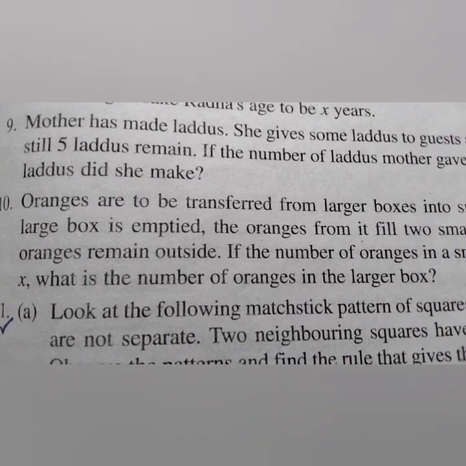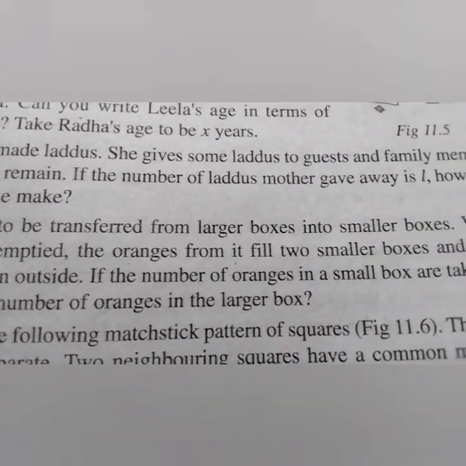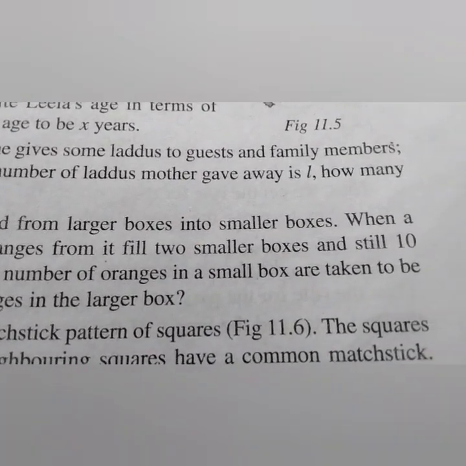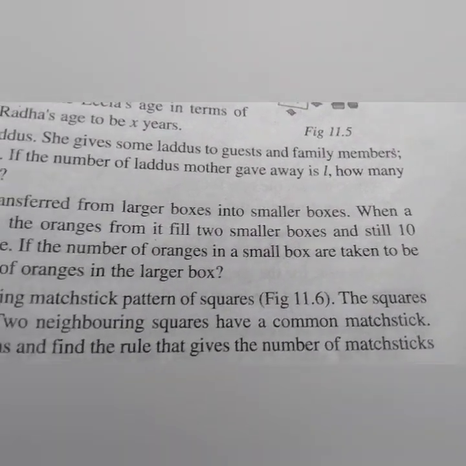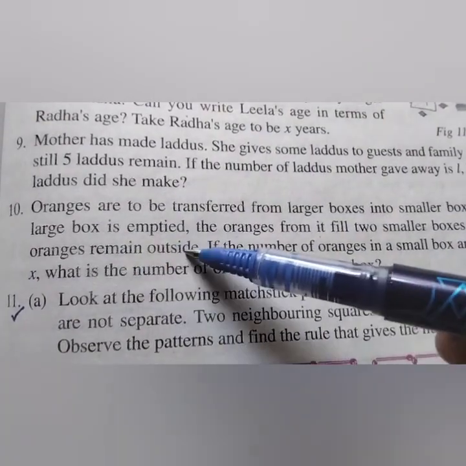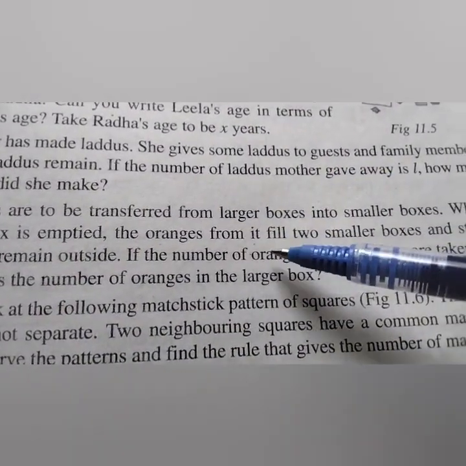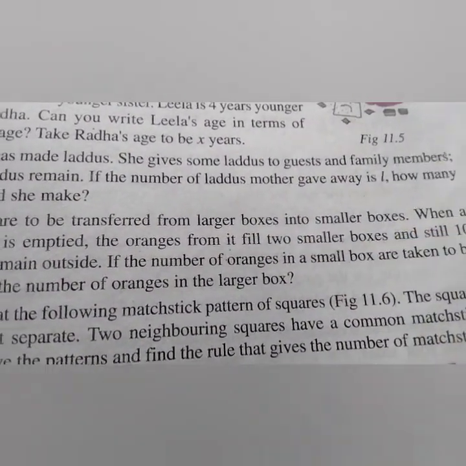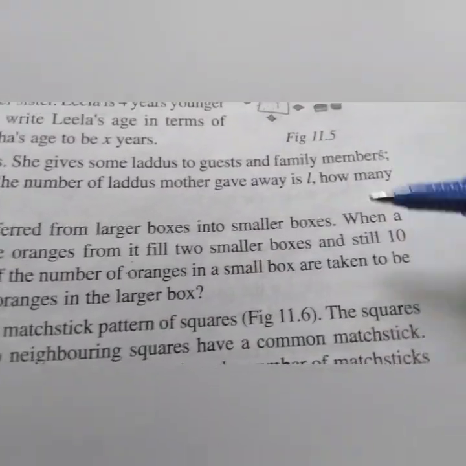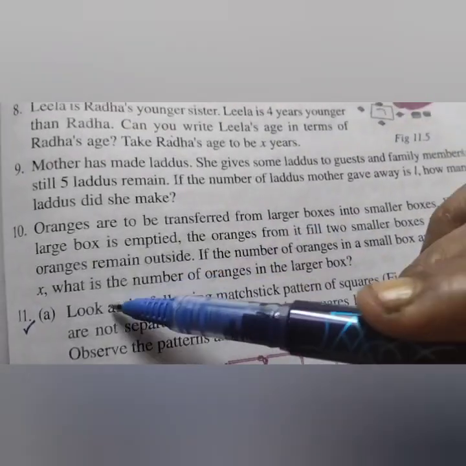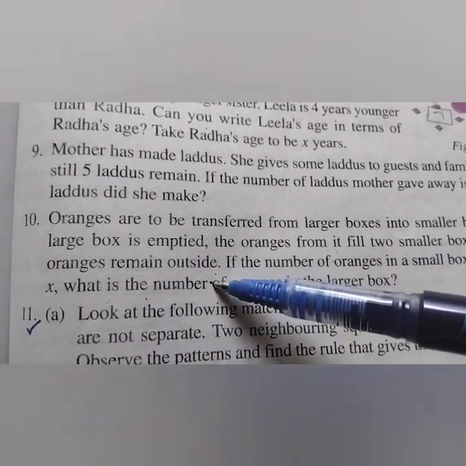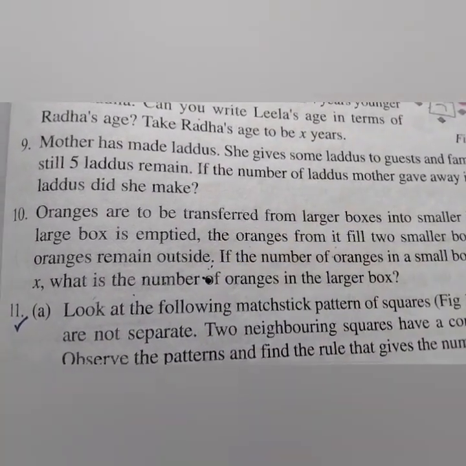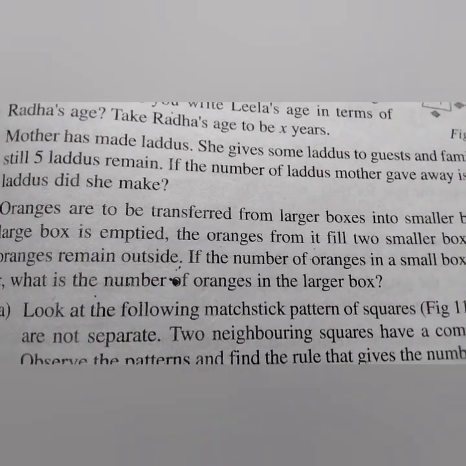When a large box is emptied, the oranges from it fill 2 smaller boxes completely, and still 10 oranges are left outside. That is the number left even after filling the 2 small boxes.